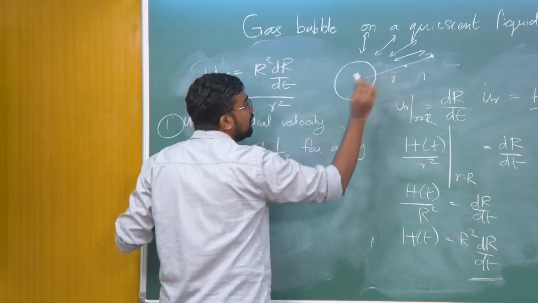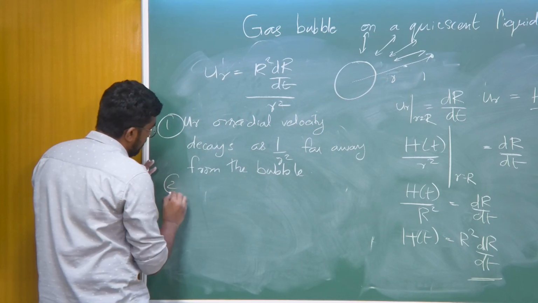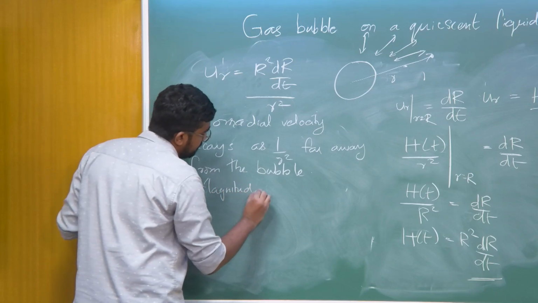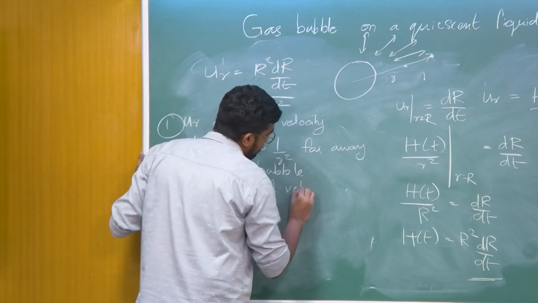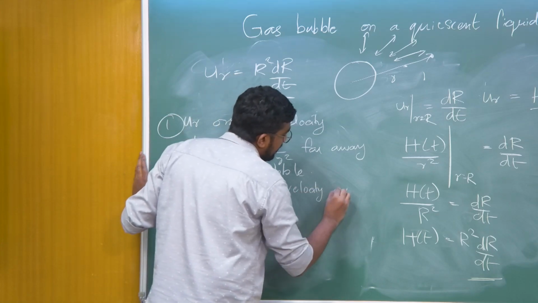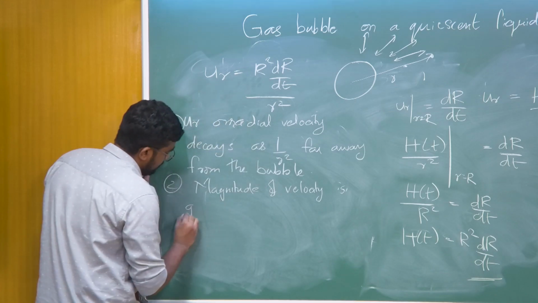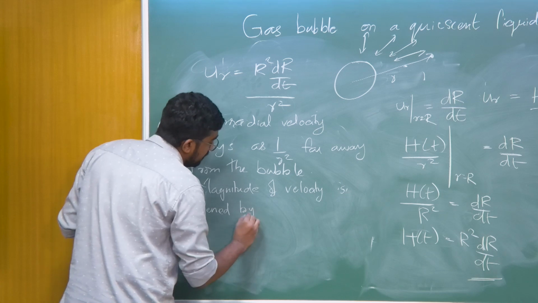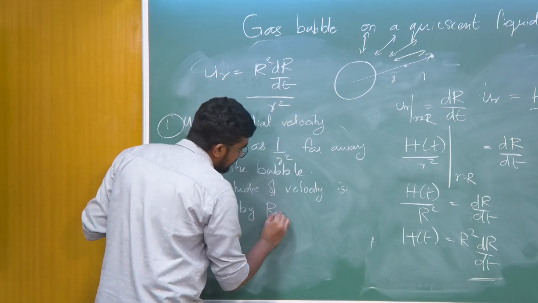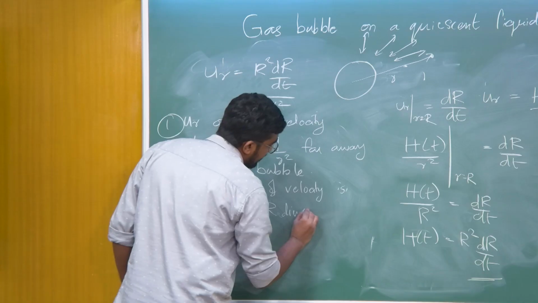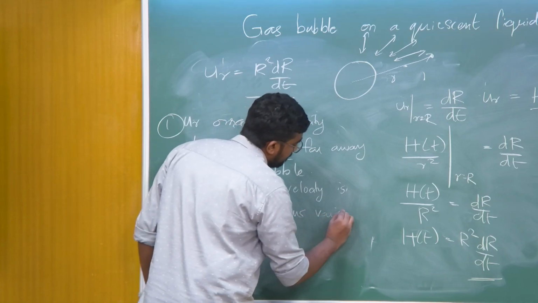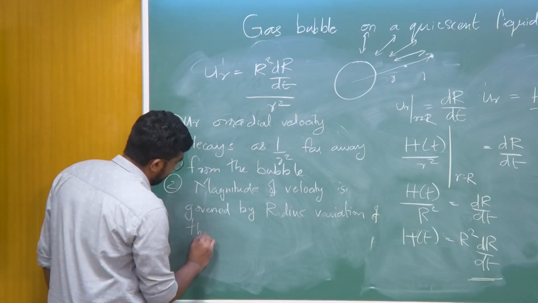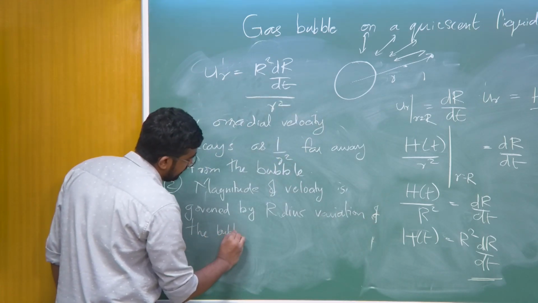Farther away from the bubble it decays, and the magnitude of velocity is governed by the radius variation of the bubble, which is capital R.